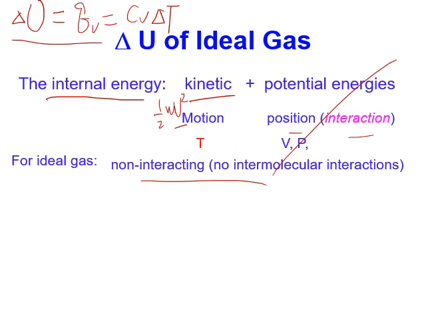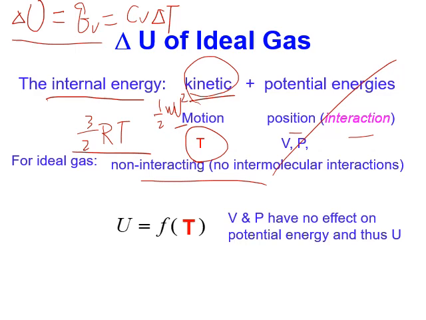So the internal energy is only related to kinetic energy. And we already know kinetic energy is determined by temperature. In the gas phase it is 3/2 RT for average kinetic energy. Therefore, we have an important conclusion: for ideal gas, internal energy is a function of temperature only. As long as you know the temperature change, you can calculate internal energy change for ideal gas.